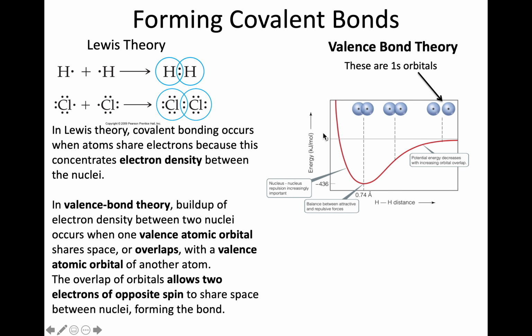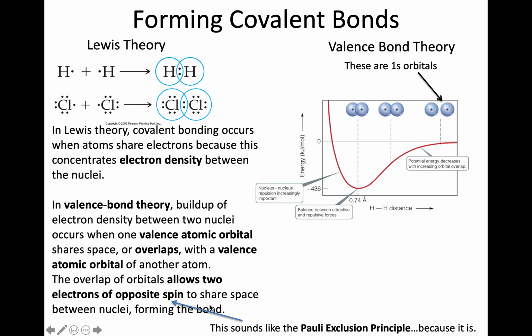With valence bond theory, we can now think, what does it mean to bring together the atoms and have overlap of the orbitals that the electrons are found in? So instead of having them be dots, we're putting them back to being in atomic orbitals. And we're going to see how those atomic orbitals can overlap with each other when a bond is forming.